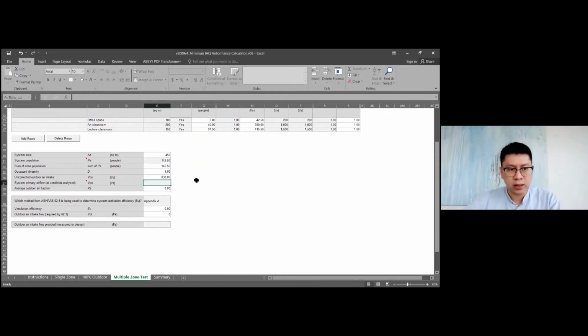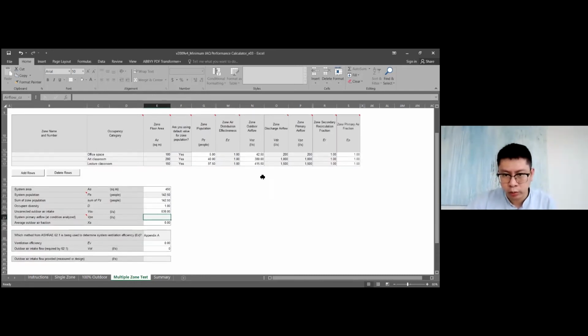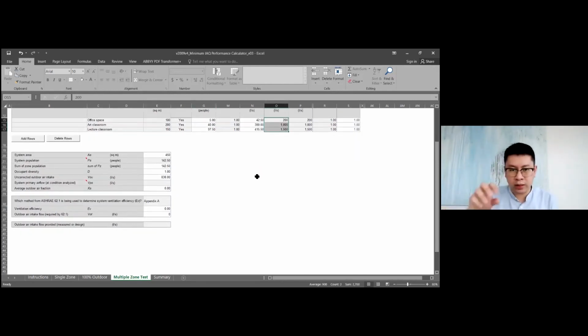And next one, system primary airflow. This is total supply air into all these zones. In this case, total supply air into all these zones is actually 2700. Sometimes it can be less because in a VAV system, this might be the maximum.